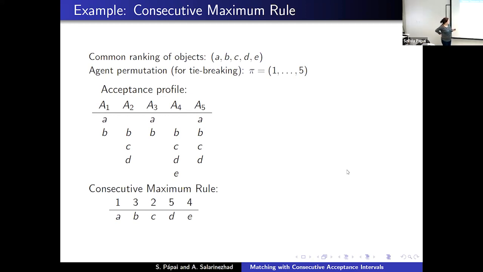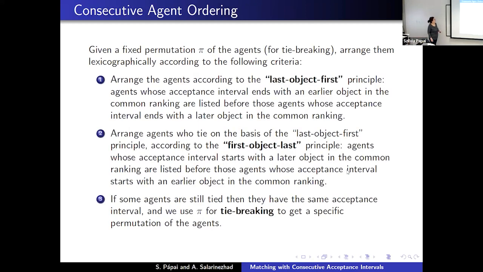Okay, so that's the consecutive maximum rule, and it turns out that we can also find it in the following way. We can order the agents, and we call this the consecutive agent ordering. We can only do this because they have consecutive acceptance intervals. We order them lexicographically.